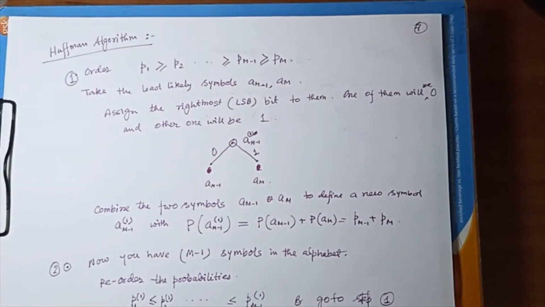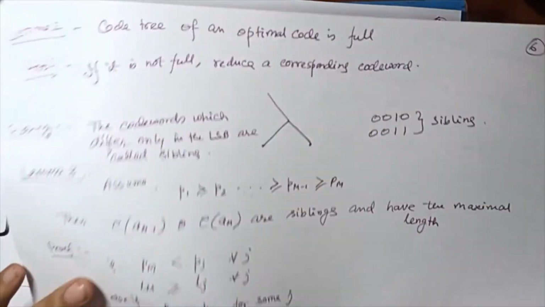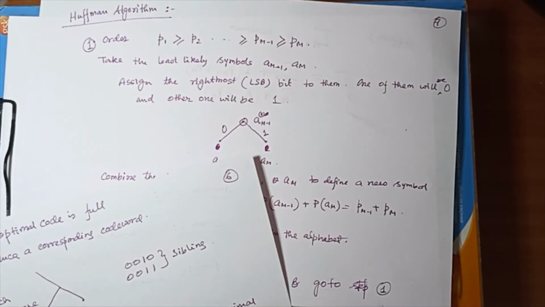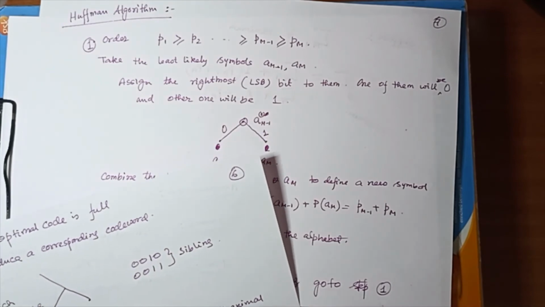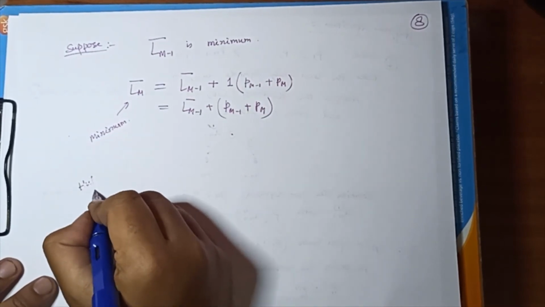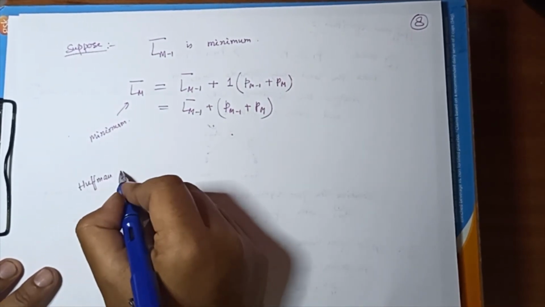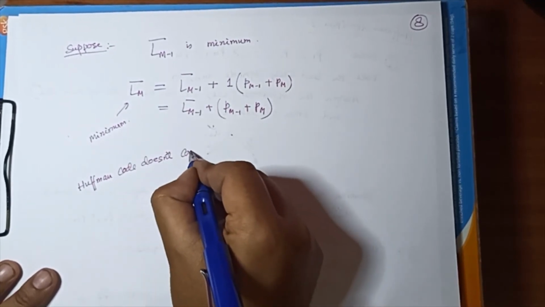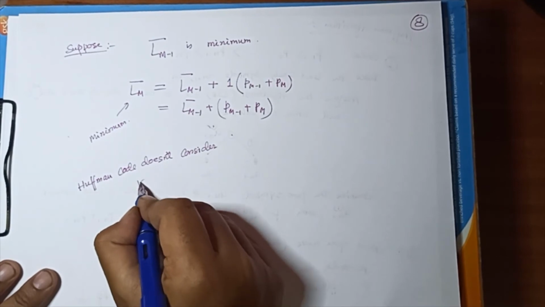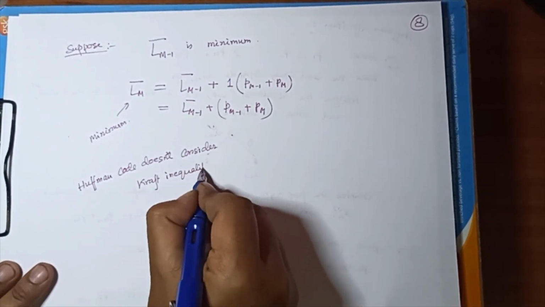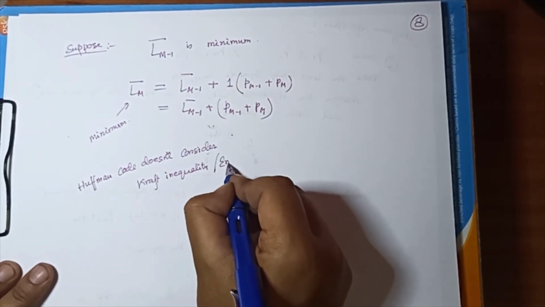One thing to observe is that even if you check the lemmas, the corresponding observations and the algorithm, there is no reference to Kraft inequality and no reference to entropy. So Huffman does not consider Kraft inequality and entropy.